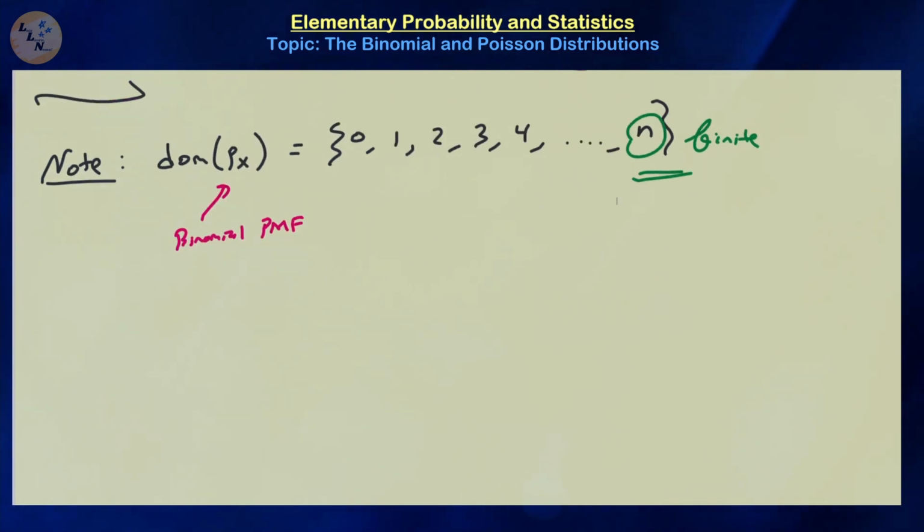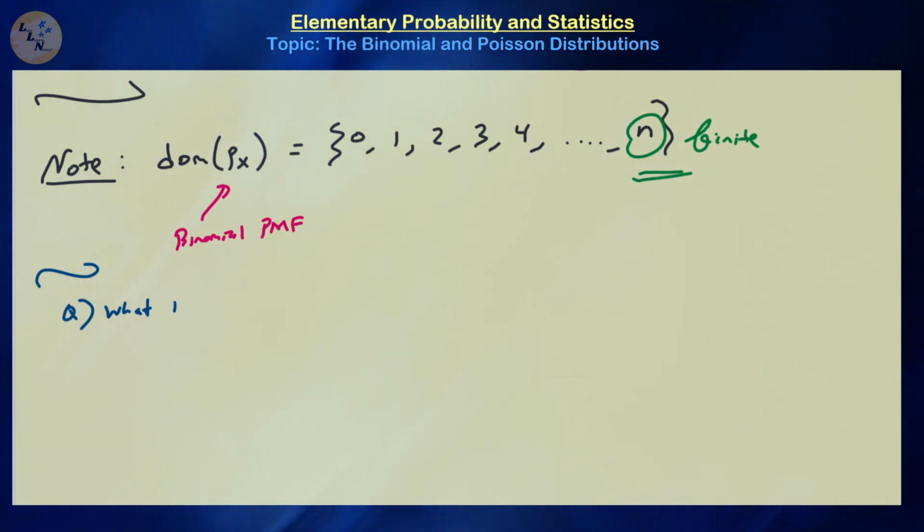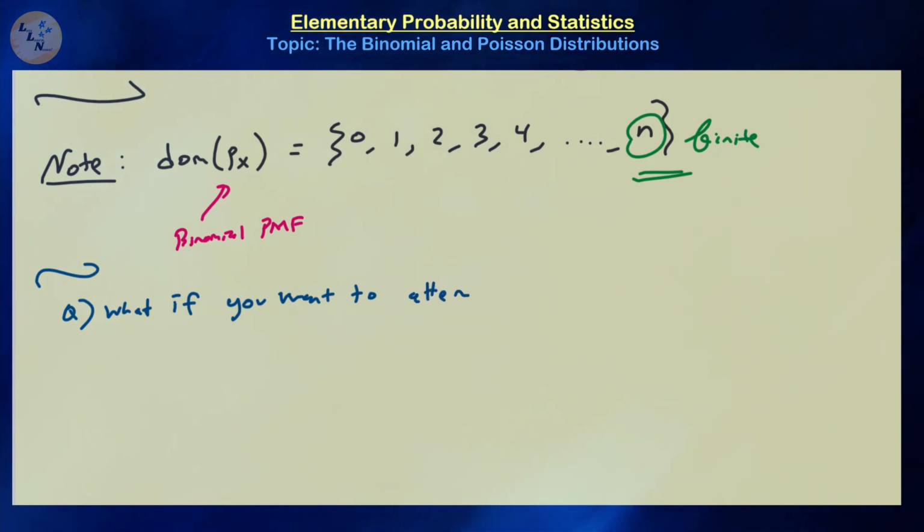So one question is, can you modify the binomial probability distribution in order to account for this possible desire for studying? So here's our guiding question: what if you want to attempt things indefinitely?